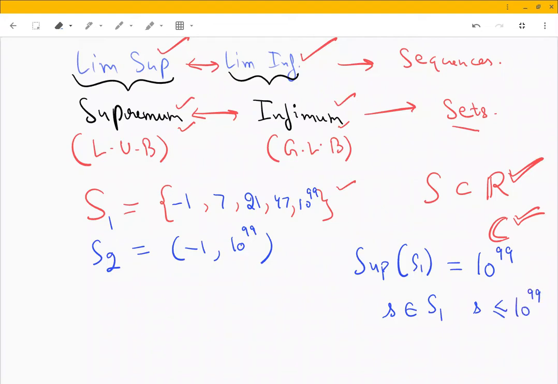That means there is no element in the set that is greater than or equal to 10 to the power 99. There is some mistake there. Oh, yeah, I said it wrong. I'm sorry. There's no s in the set which is greater than 10 to the power 99. It is equal. Okay. I'm sorry.